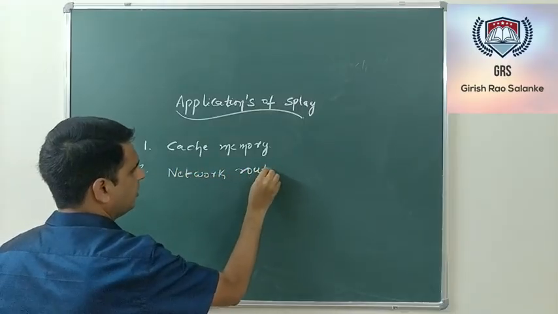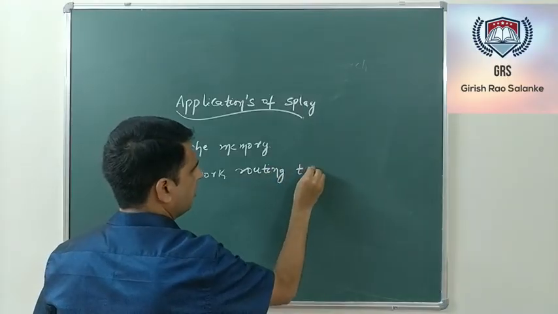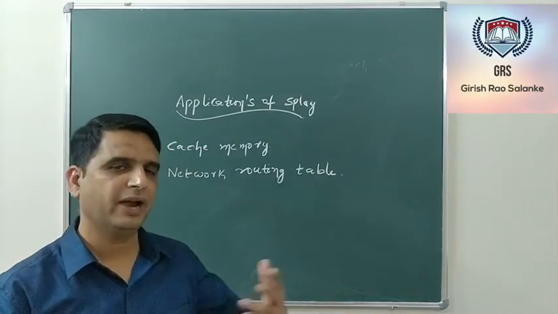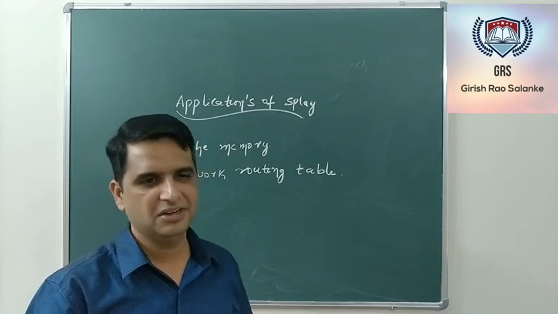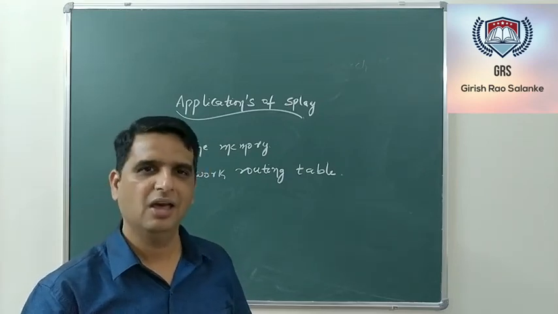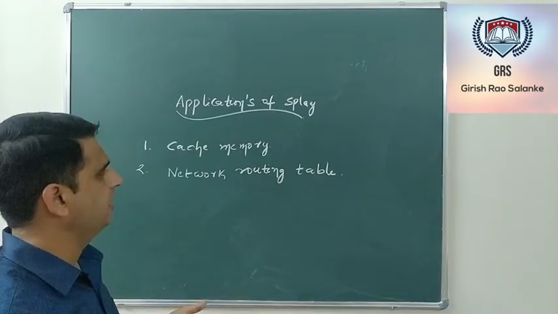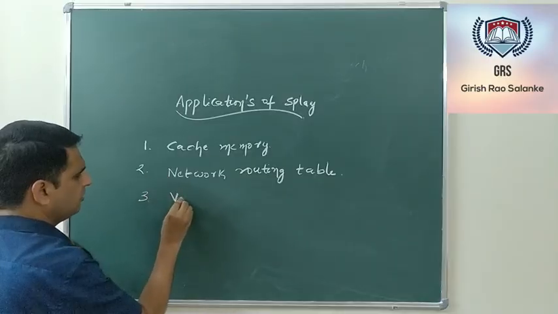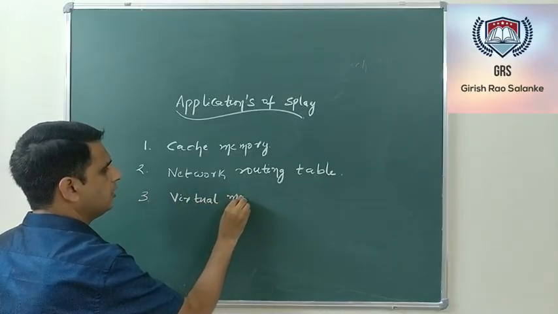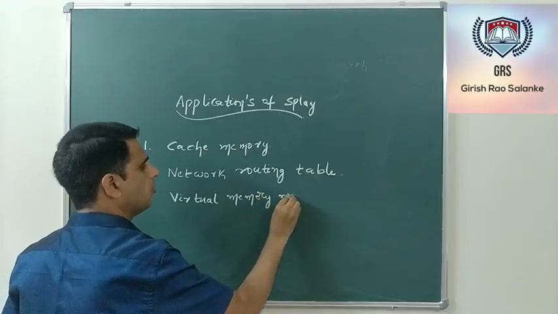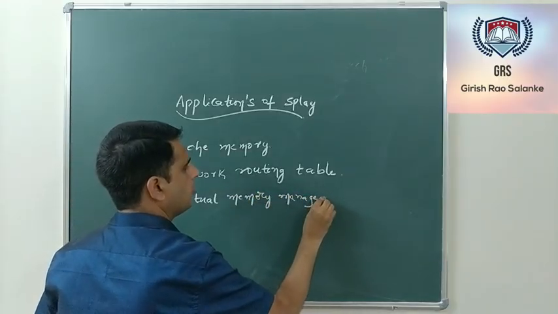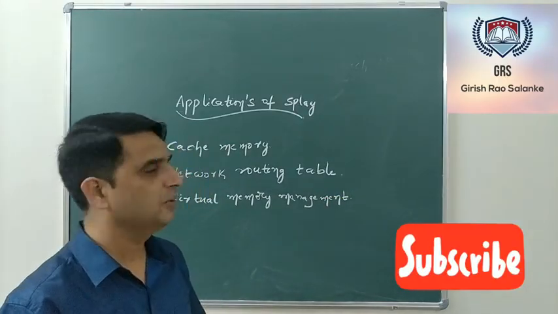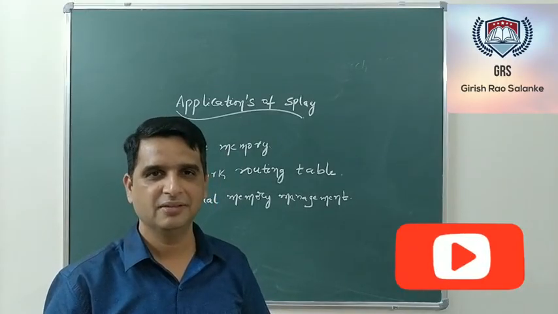Once you are familiar with the concept of routers in computer networks, every router maintains a table which decides where the packet should be forwarded next, and that table is called the routing table. Even in building the network routing table, we use the concept of splay tree. And the third application is virtual memory management. So these are some of the applications that we can associate with the splay tree. Hope this is clear. Thank you.